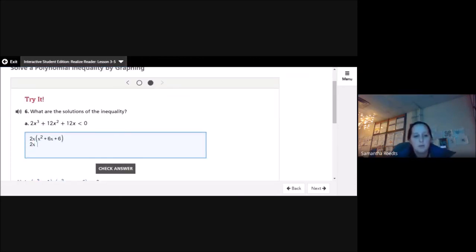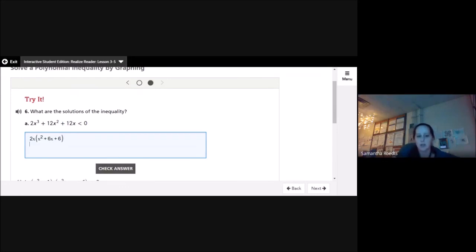Okay, so x squared plus 6x plus 6 does not factor nicely, of course. So I'm actually going to have to use the quadratic formula.